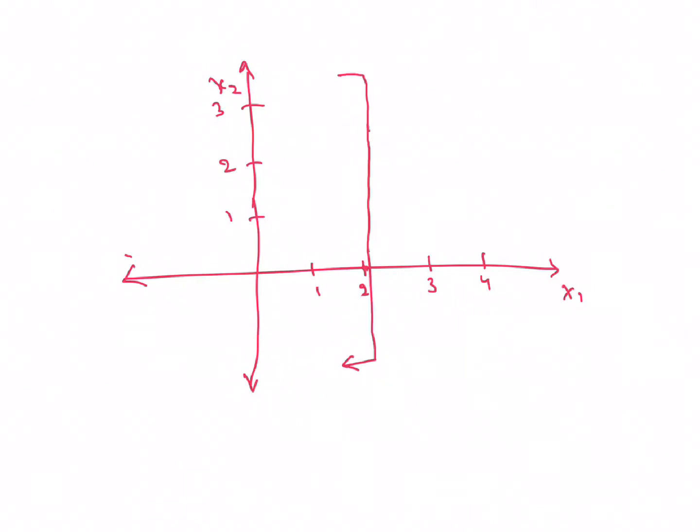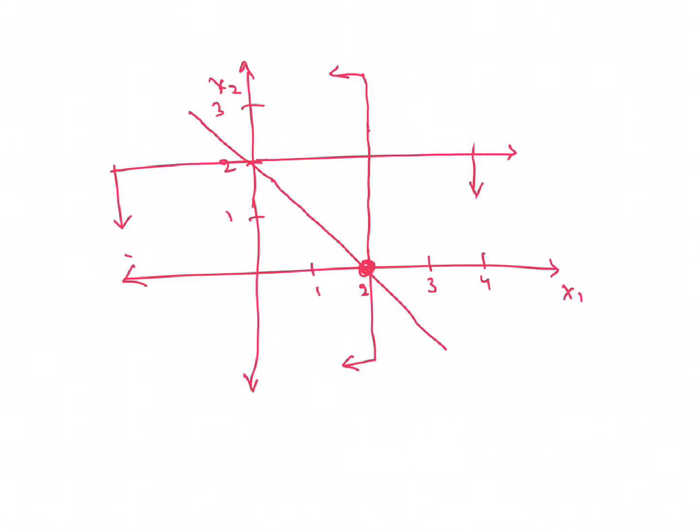Then from equation 2, x2 is less than 2. Then from equation 3, x1 and x2 2, 2, it's less than, so towards 0. So our region is this region.